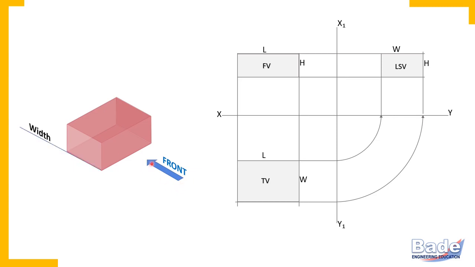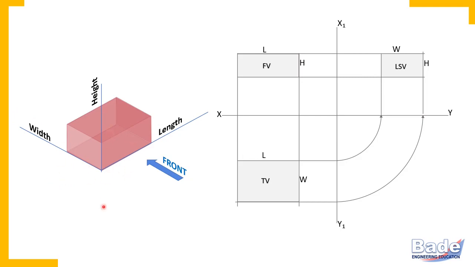Now the dimension parallel to this arrow is width. The direction of observation for the front view, parallel to this direction, is width. This is length then, and the vertical axis is always height. So the height axis is vertical and the length and width axes appear at an angle of 30 degrees in an isometric view.